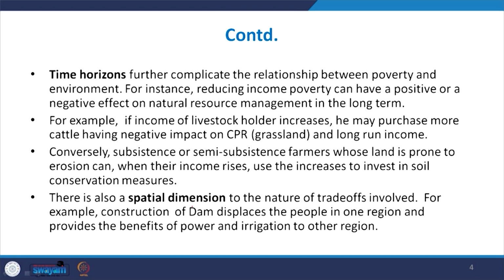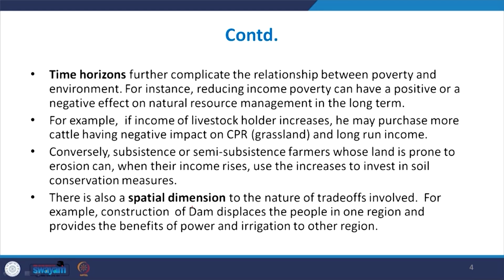For example, if a dam is constructed in a particular region, the people near to the dam may be displaced, but the benefit of that dam may be received by those households which are far away from the region where displacement took place, and they may get power and irrigation, etc. So, in that case the environmental degradation may occur in one place and benefit of such kind of development activities which is leading to environmental degradation may be going to another regions.